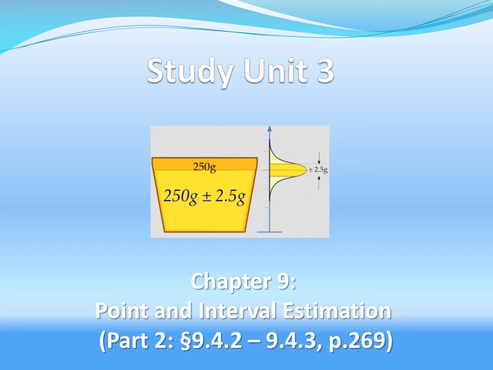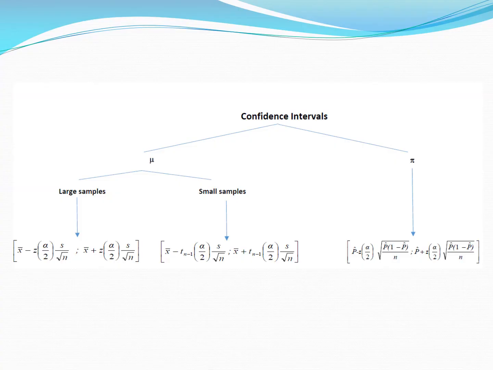Second part of study unit 3, we look at the last part of chapter 9 on point and interval estimation, on page 269. In the previous section, we looked at confidence intervals for the population mean when we had large samples, meaning a sample size of greater than 30.